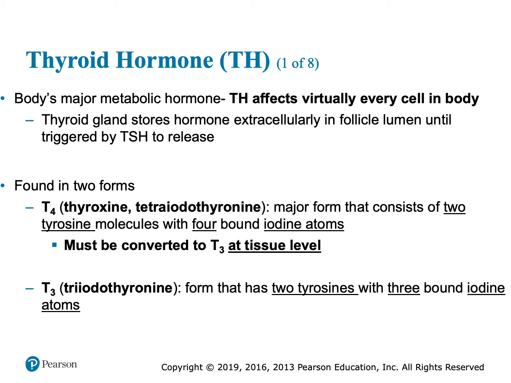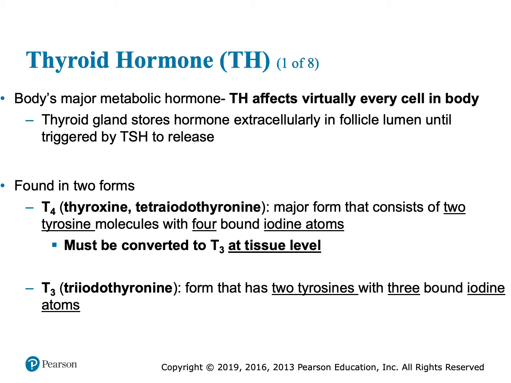Okay, so thyroid hormone actually comes in two forms. It depends on how many iodine molecules, or iodine atoms, bind to it. T3 is the active form, the hormone that actually affects its target cell. But we have a whole lot of T4.